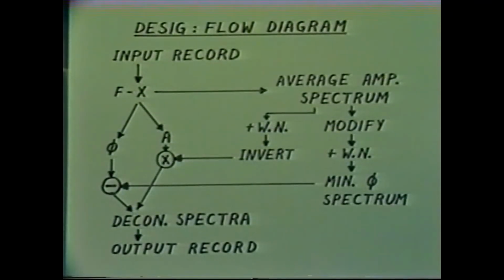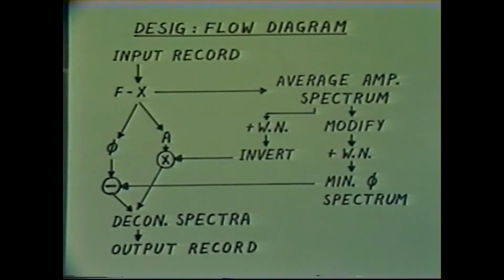Now, looking at the operation of designature in a flow diagram form shows the various steps that take place during designature. We start with the input record and simply take the Fourier transform of each individual trace to give what we can regard as a frequency distance domain, where we have the frequency spectra of the traces at each individual offset.